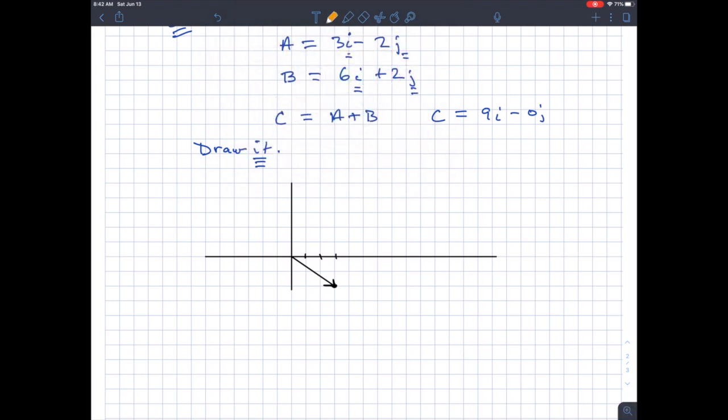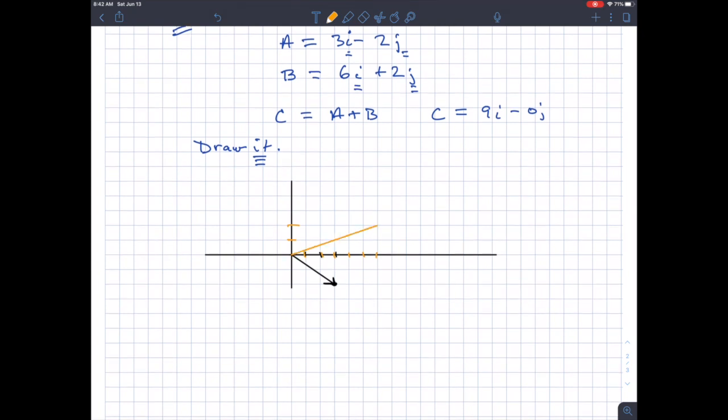The vector B is 6, 1, 2, 3, 4, 5, 6i plus 2j. Okay, so that's, oops, I passed it. Sorry. So that's the vector B.